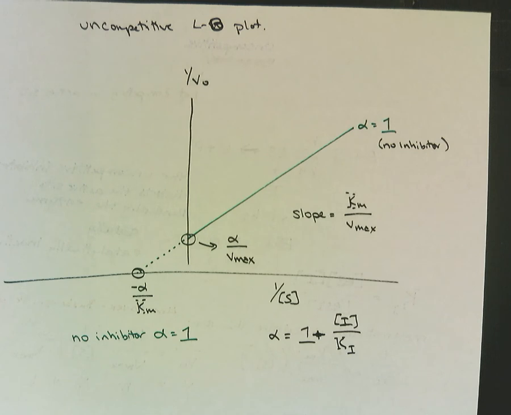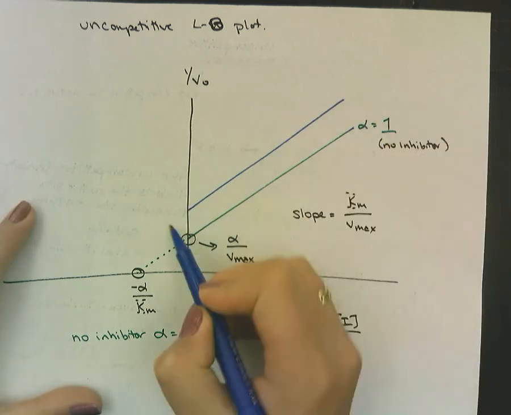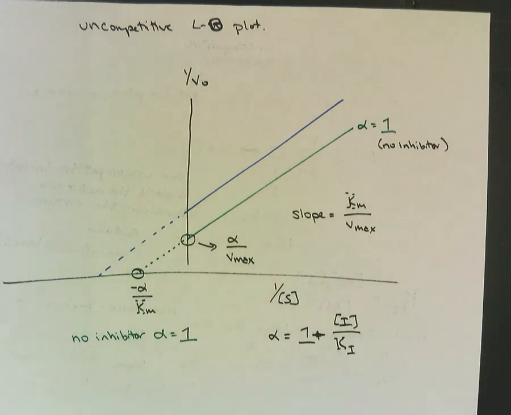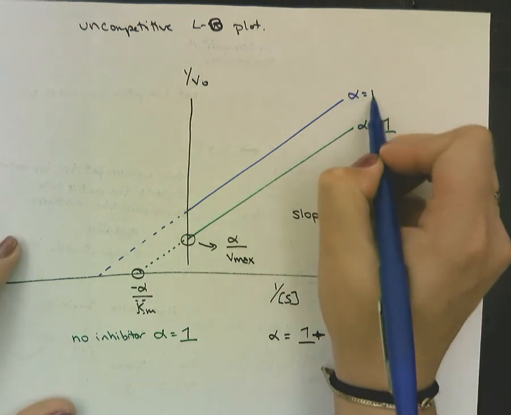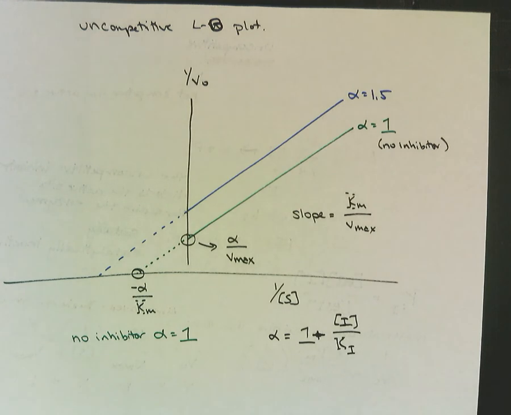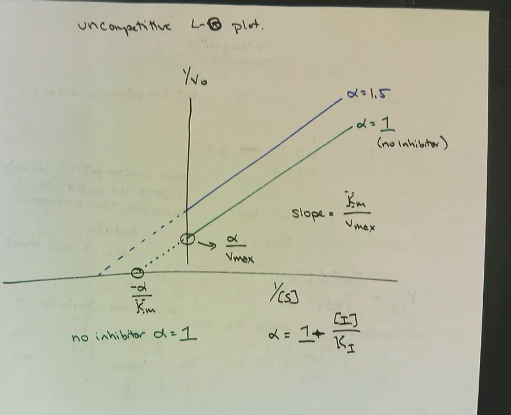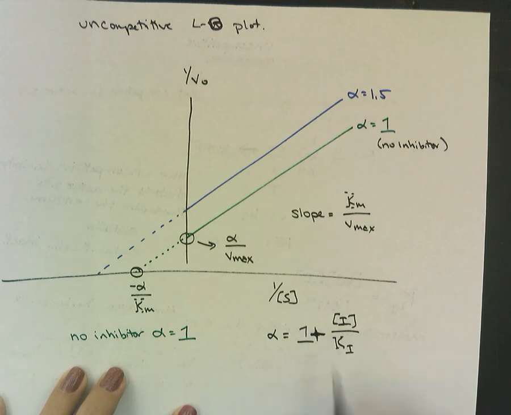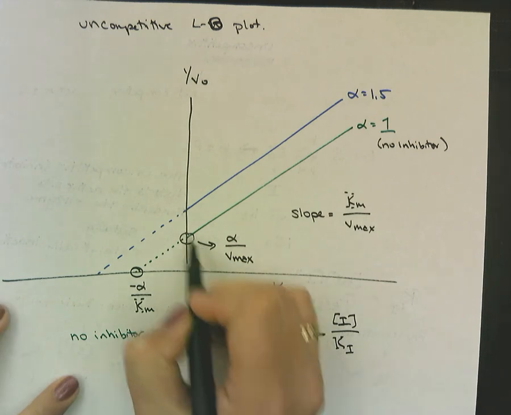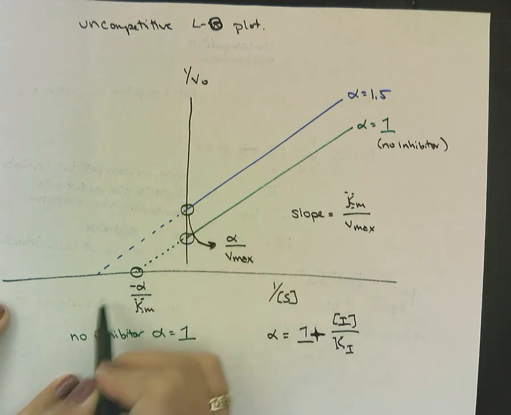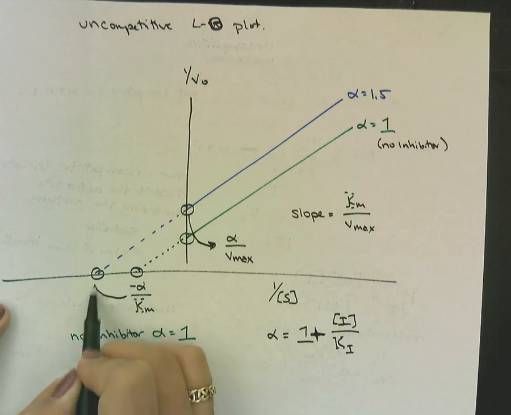All right, so that's when alpha equals 1. We will now add some inhibitor. One plus concentration of I over Ki. So we go plus. So all these points are still true. This is also equal to that. Also equal to that.